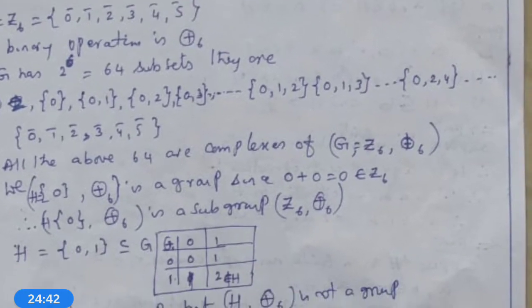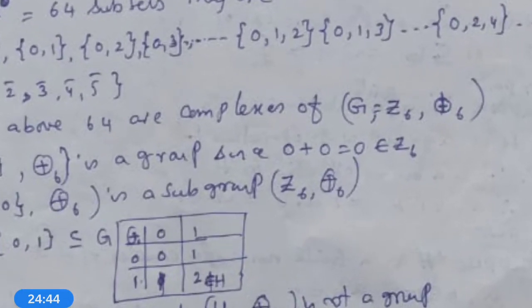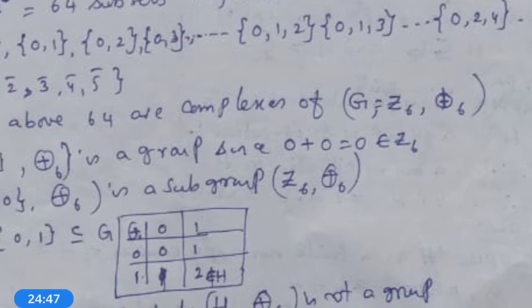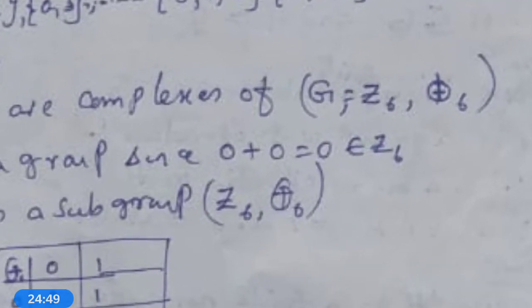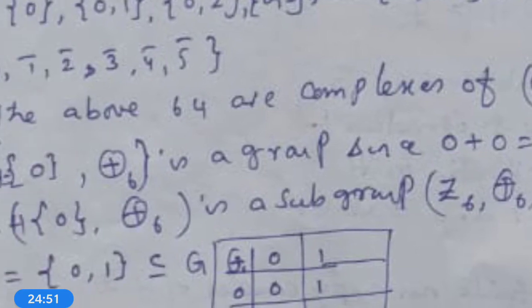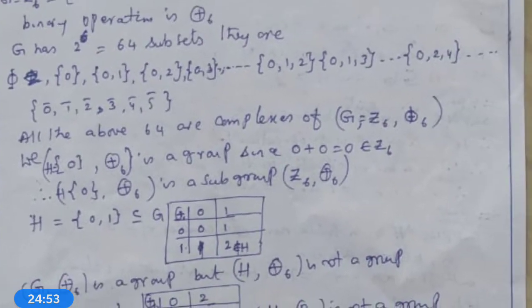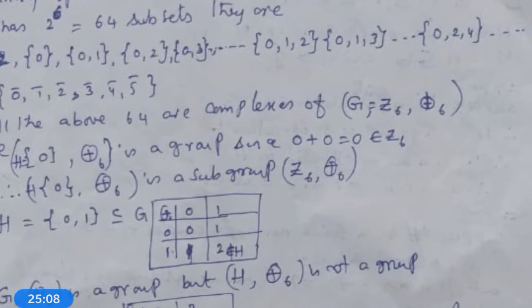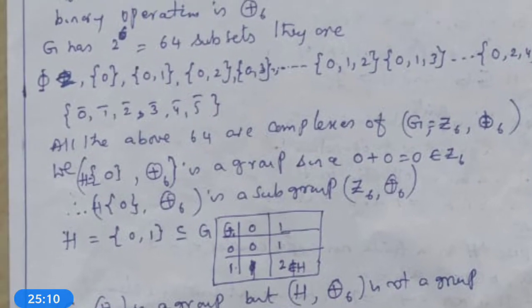These 64 are complexes of G = (Z6, ⊕6), because a set having 6 elements has 2^6, that is 64 subsets. If a set is a subset of a group G, then the subset is called a complex. That's why each of the above is a complex.